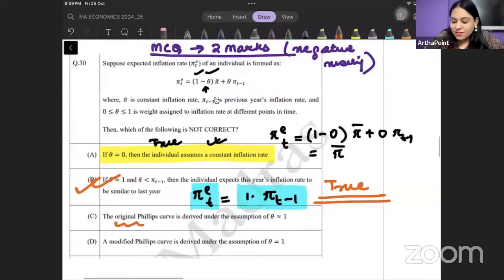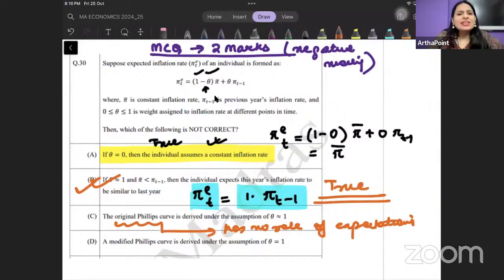The original Phillips curve has no role of expectations, isn't it? Only the modified or augmented Phillips curve had a role of expectation. Original Phillips curve में there was no role of expectation. अगर मैं theta equal to 1 करूं, I will get pi e_t is equal to pi t minus 1.